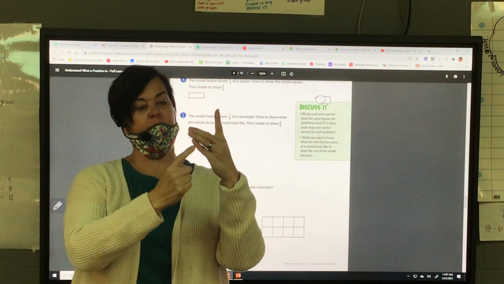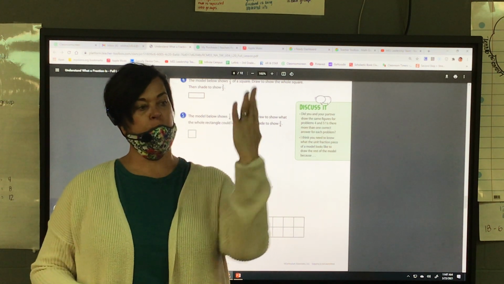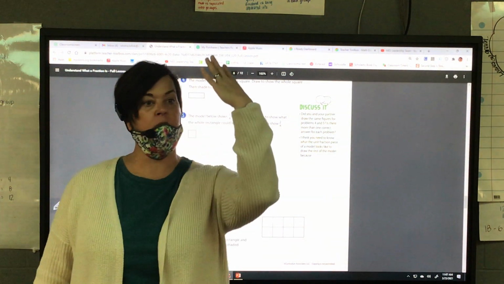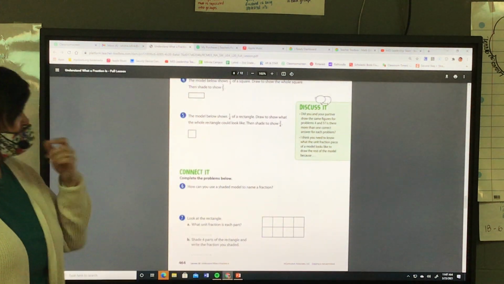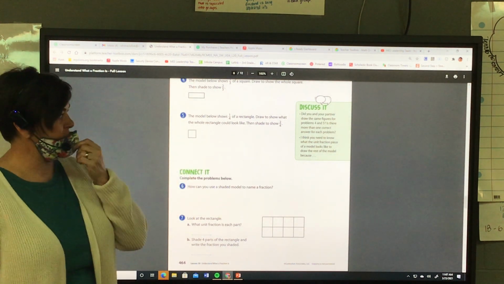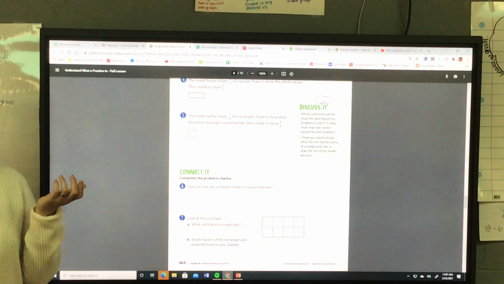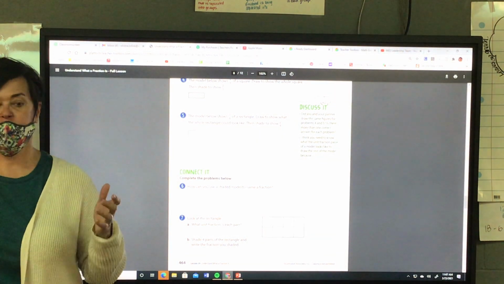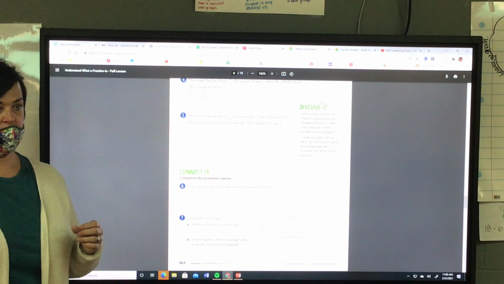So how many do you have to draw? 3. 3, because you need to get it to show 4 equal parts. So you're going to draw to show what the whole rectangle could look like, and then shade to show 2/4.